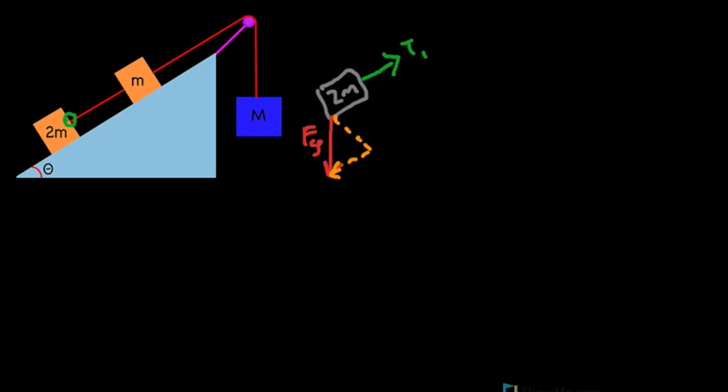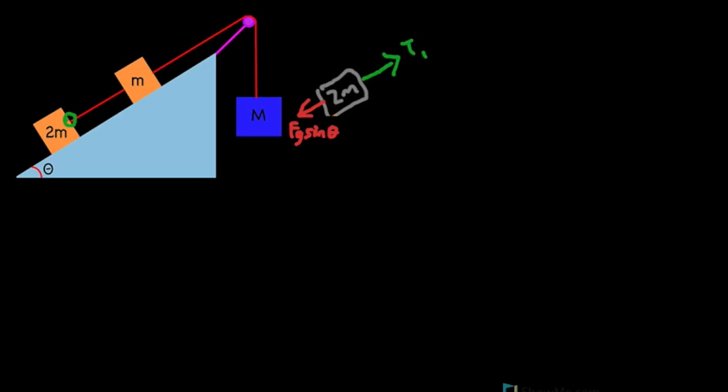And so it's easy to see that the force of gravity acting in line with the tension force, because this angle right here is theta, is equal to Fg times sine theta. And so we can ignore this entire diagram and simply add a gravitational force acting downward along the ramp with magnitude Fg sine theta.